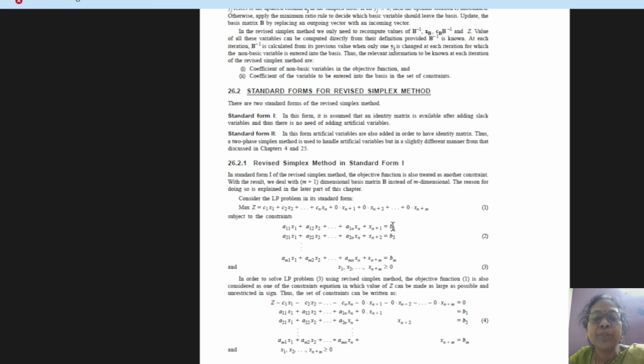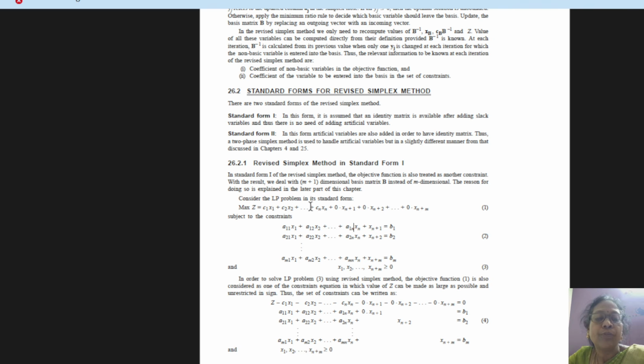These b1, b2 up to bm are the solutions, the a11, a12 up to a1n are the coefficients of the augmented matrix, and x1, x2 up to xn are the decision variables. By making it into a standard form, we have the slack variables xn plus 1, xn plus 2 and so on up to xn plus m. All of these are non-negative, so we write the restricted constraints as greater than or equal to 0.